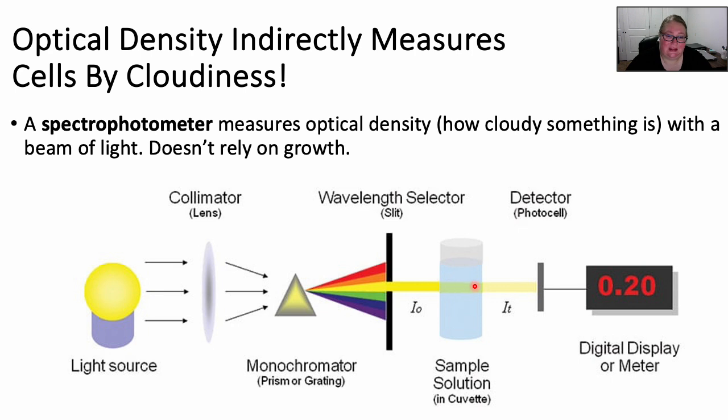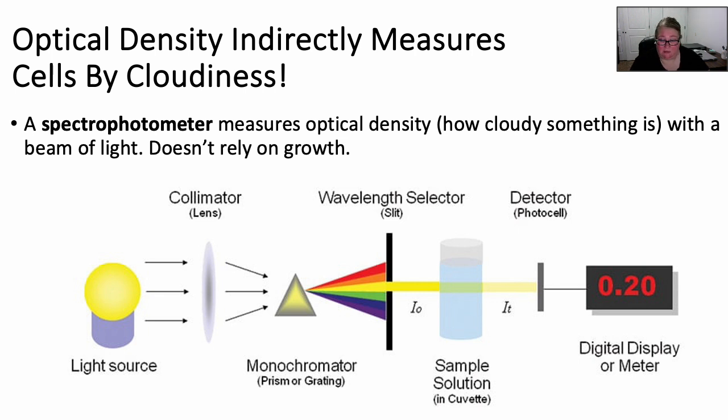So what happens is the light that's not absorbed by the sample is going to go through and hit this detector. Since we know how much we started with initially, we know by this detector how much we end up with. So we can figure out how much was absorbed, and then we can use that to make a count of how many cells are in that sample.